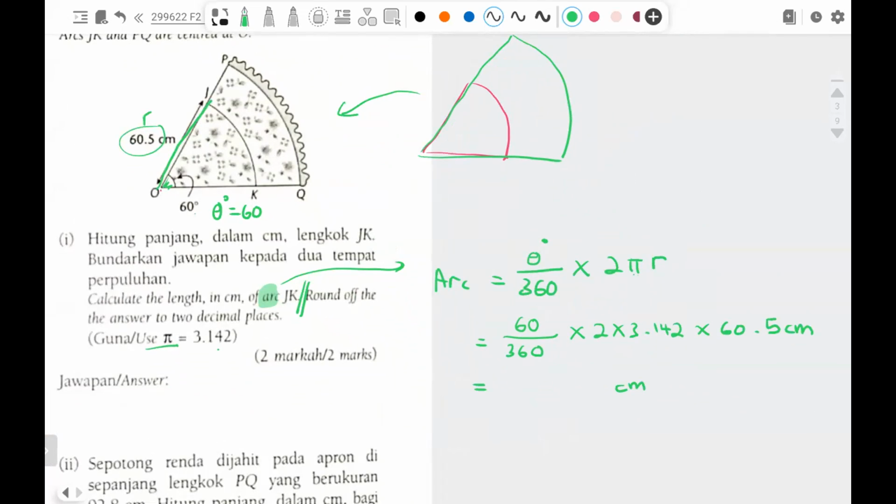Got to check the unit, like just now they gave you meter, right? So don't write wrongly, must follow the unit. For arc it is only the length, the distance, so the unit is only centimeter. Okay, so let me have your answer.